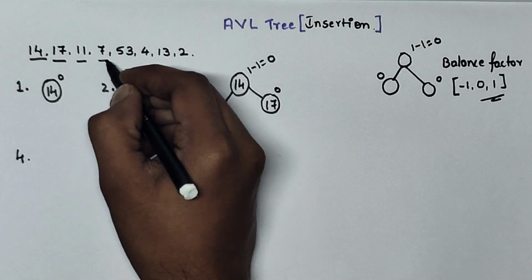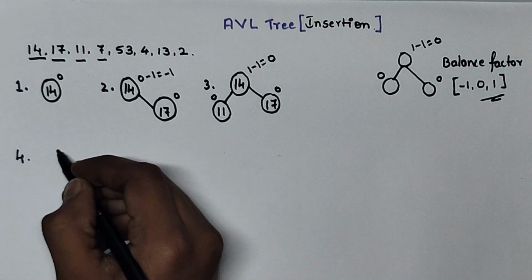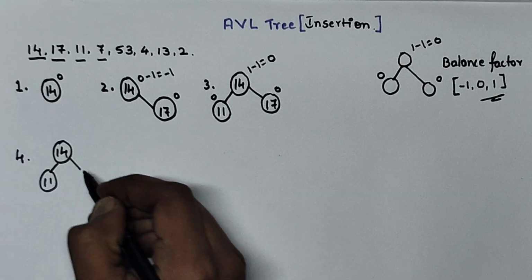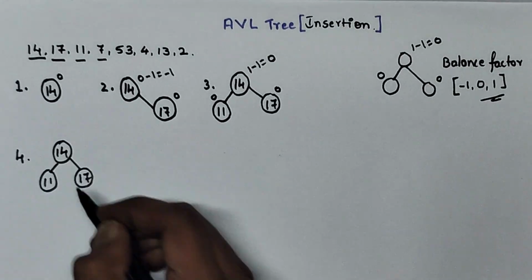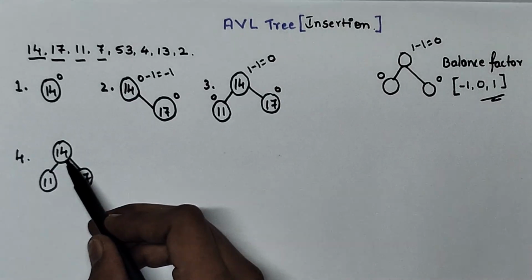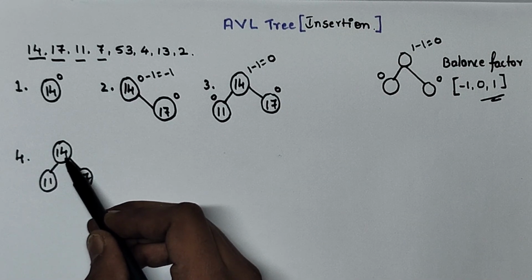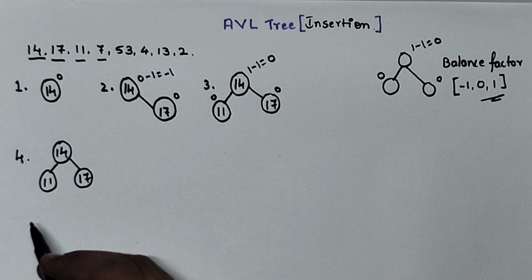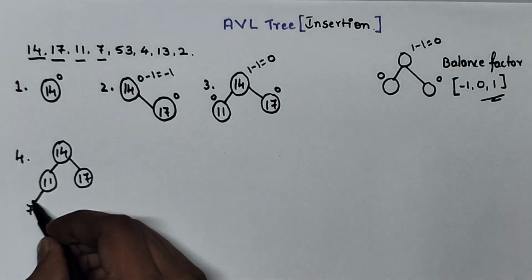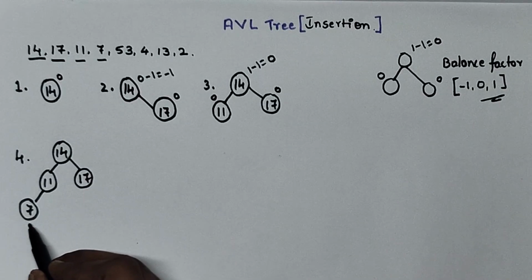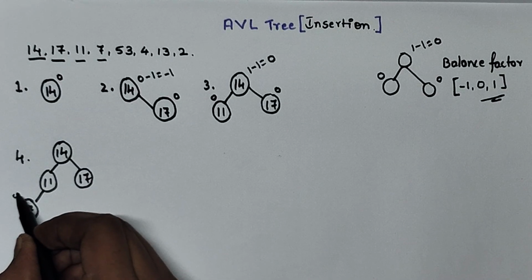In the fourth step I want to insert 7. So 14, 11 and 17 will be as they are. Now I want to compare 7 first with the root node. It is less than 14, so left side. Again 7 is less than 11, so I will write it on the left side of 11. Now let's find the balance factor again. 7 does not have any child, so its balance factor is 0.